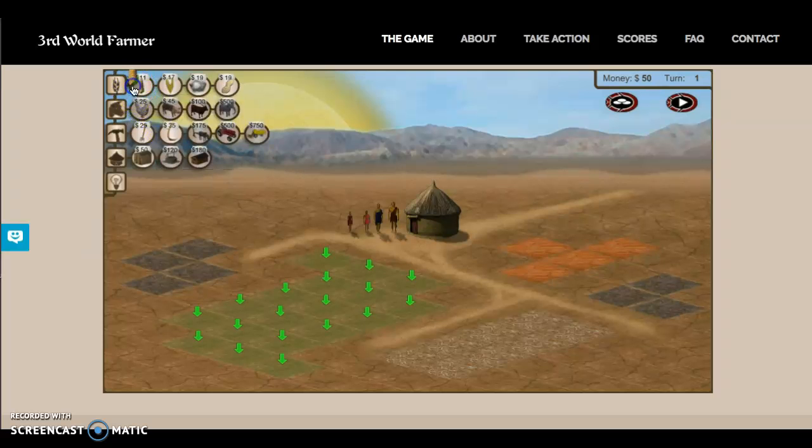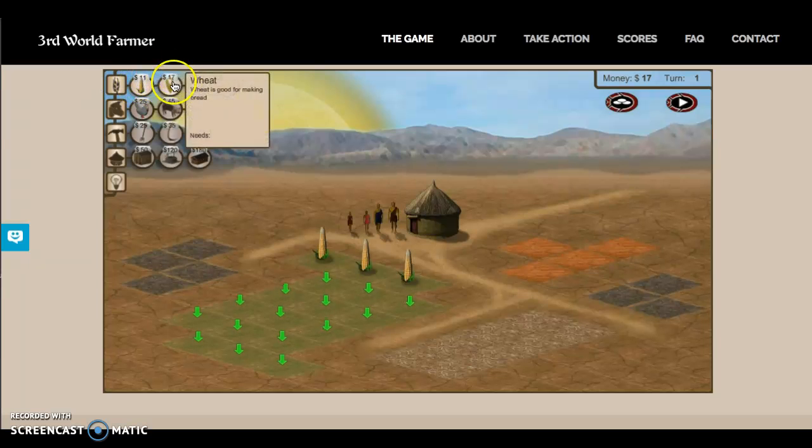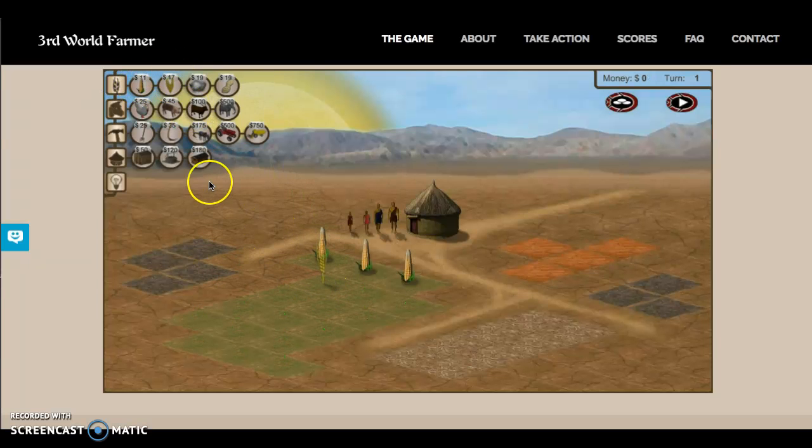So let's say I want to start with buying some corn. I could place corn, and you can see as I'm clicking corn down, I'm losing money over here. So I may do some corn, and let's say I don't have enough money for any animals, so let's do some wheat, and I'm out of money.